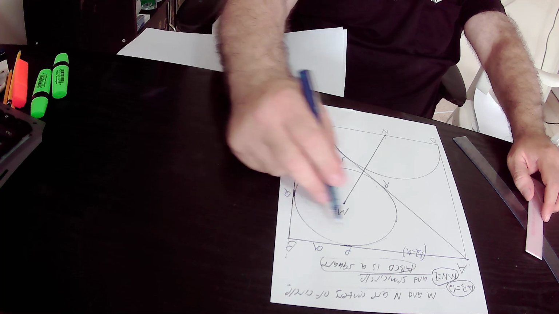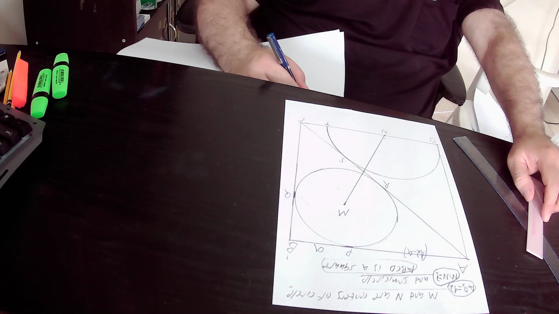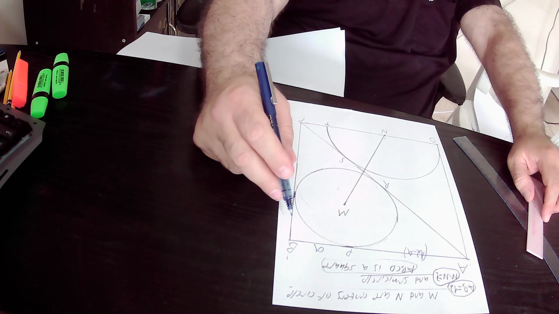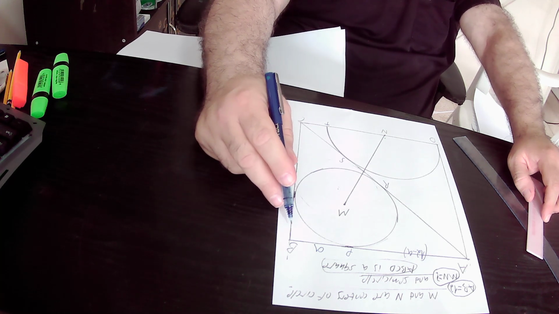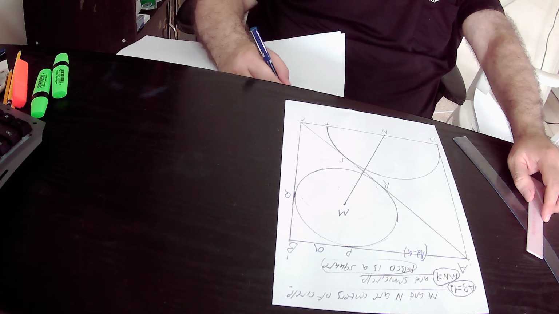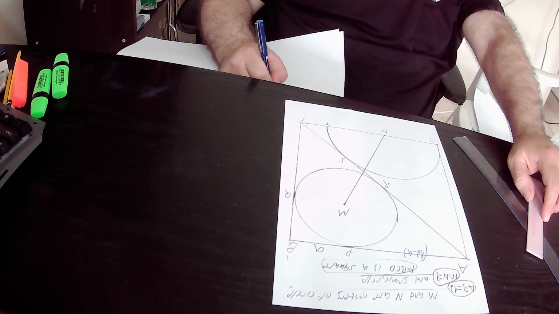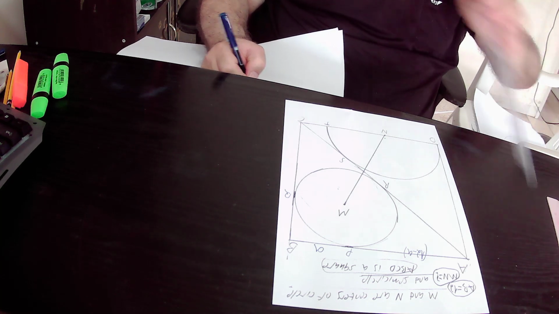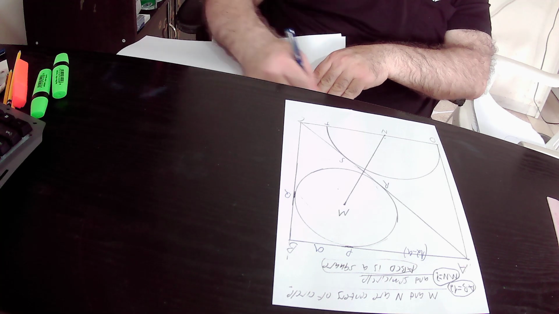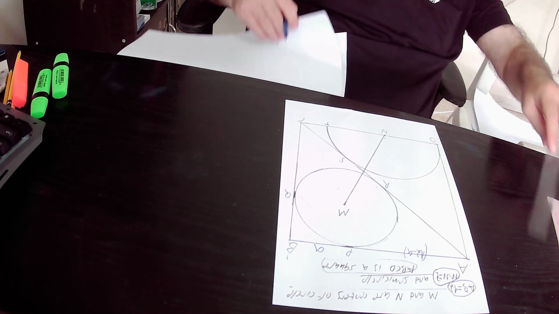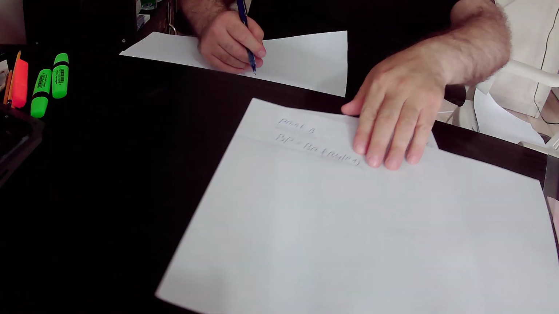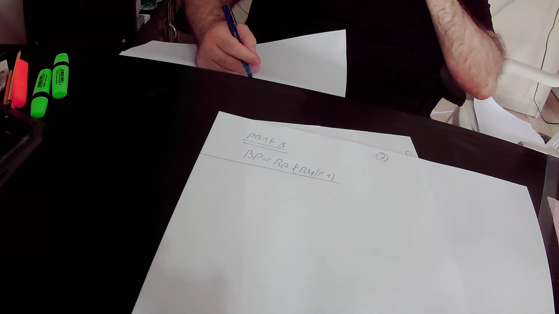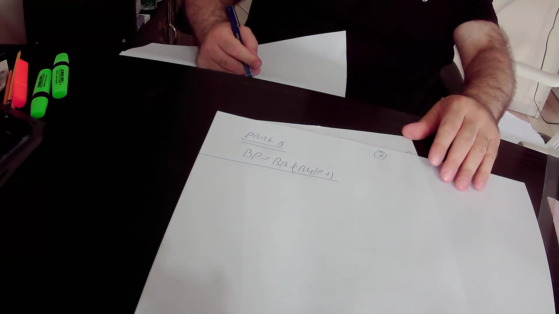The first tangent is tangent BP. The second tangent from the external point B is BQ. And according to rule number 1, the lengths of those two tangents are equal to each other. That is to say, BP is equal to BQ according to rule number 1.